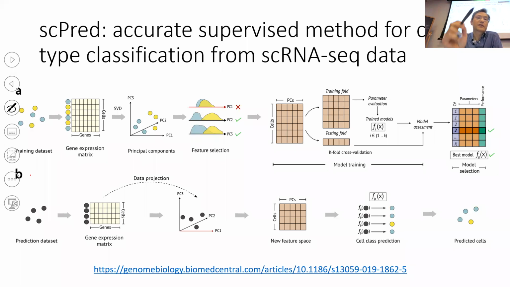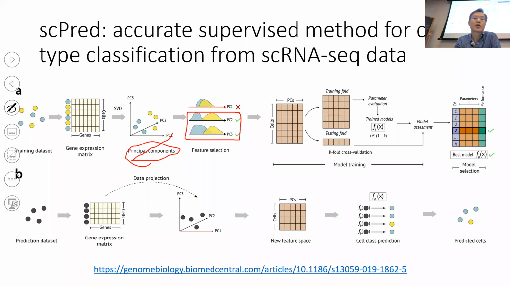I just borrowed the pipeline illustration here, and this looks like it has a PCA in the middle, then separates cell types and selects PCs.